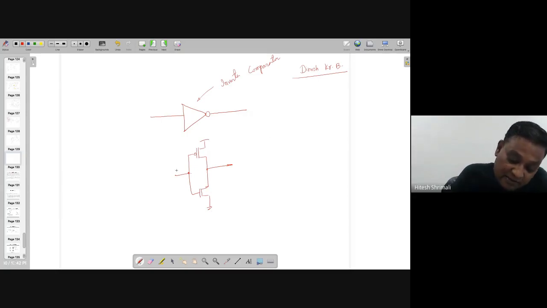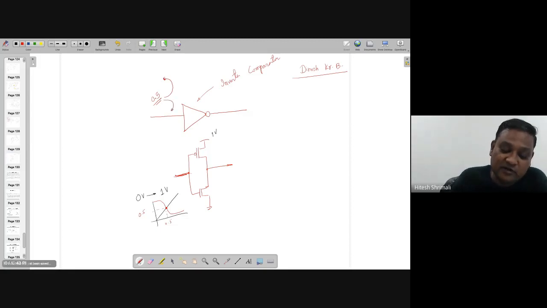If I am changing the input from 0 volt to, let's say, 1 volt in a ramp, the output is going to flip at 0.5. So what exactly this does is compare whatever input I'm giving with 0.5 volt, whether it's above 0.5 or below 0.5.